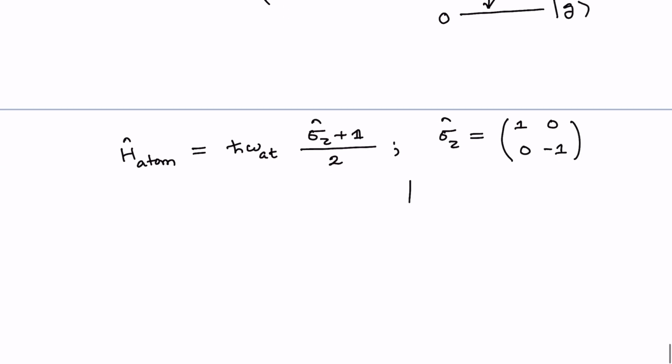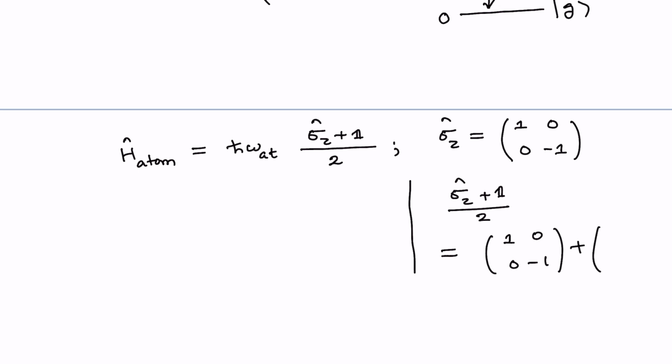In fact, you can very clearly see that sigma z plus 1 divided by 2 is going to give you, let me actually do it, 1 0 0 minus 1 plus 1 0 0 1, then divided by 2.